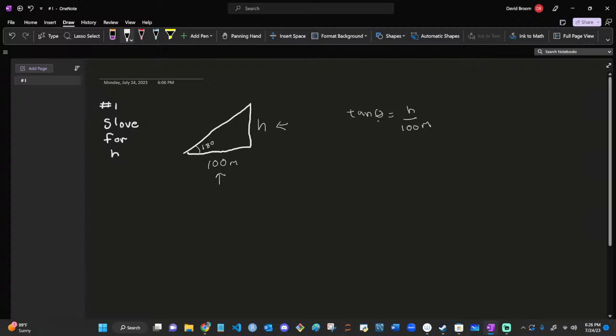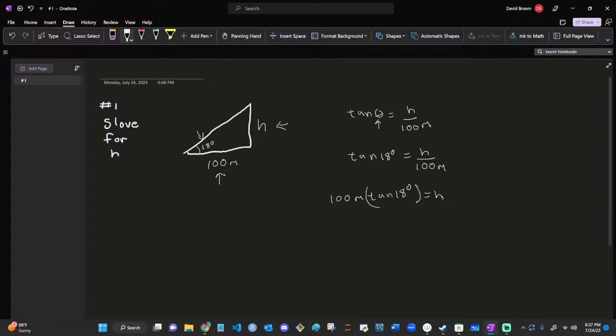Theta here is this angle right here. So we'll say that tan of 18 degrees is h over 100 meters. So we can go 100 meters times tan 18 degrees equals h.